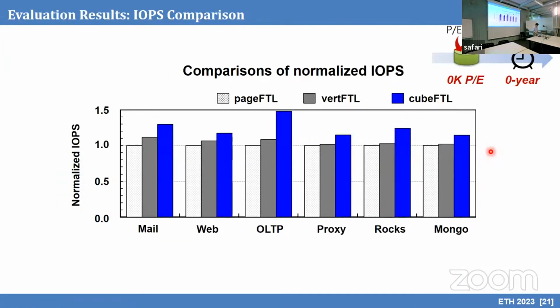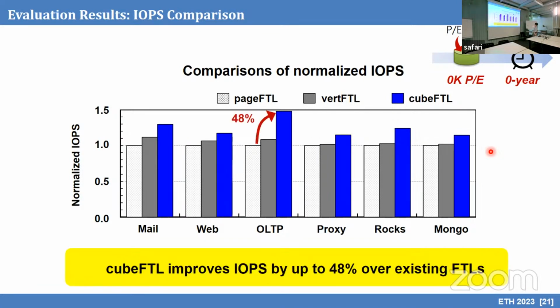So based on this one, we compared with existing approaches, and what we can observe is that we can improve about 48% over conventional SSD FTL IOPS performance.